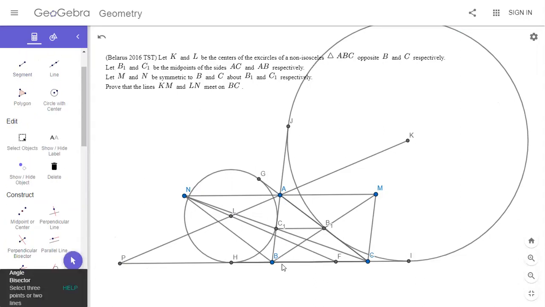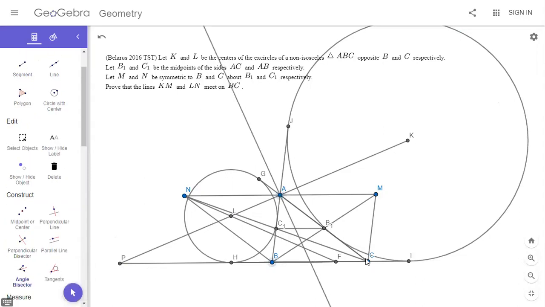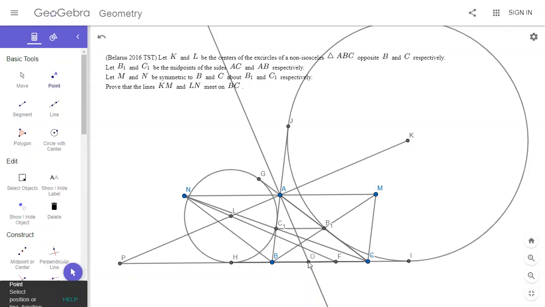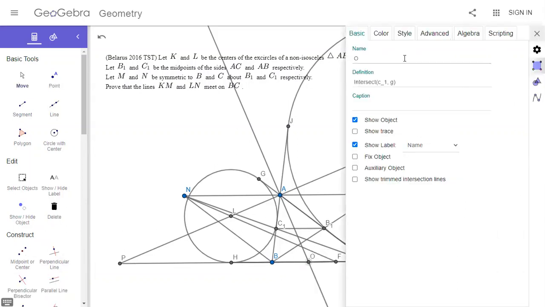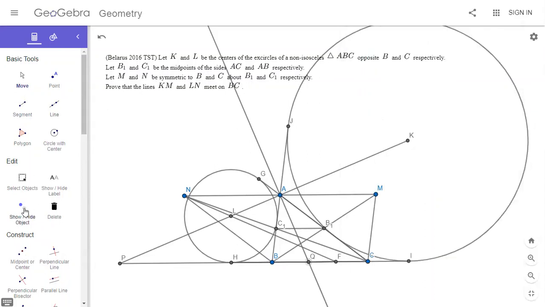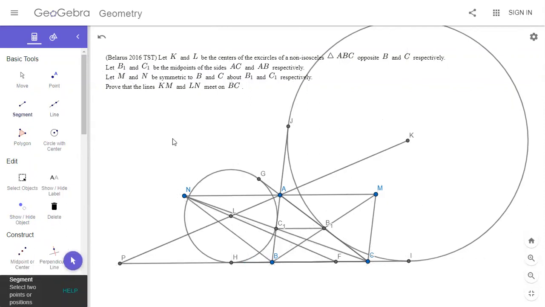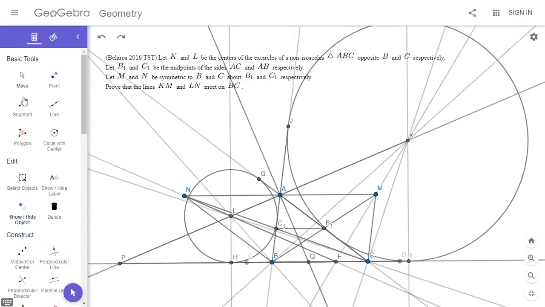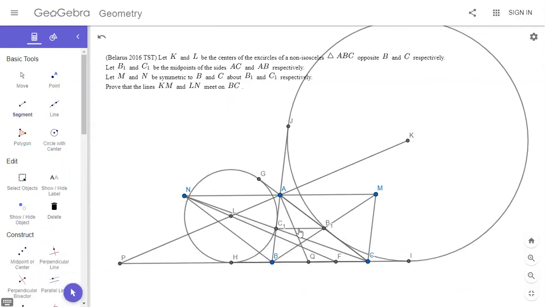And then I will draw the angle bisector here and let it meet at a point. I'll call this Q. So AQ is the angle bisector. Then AQ is perpendicular to AP.